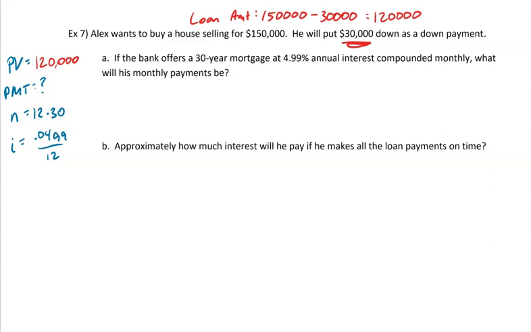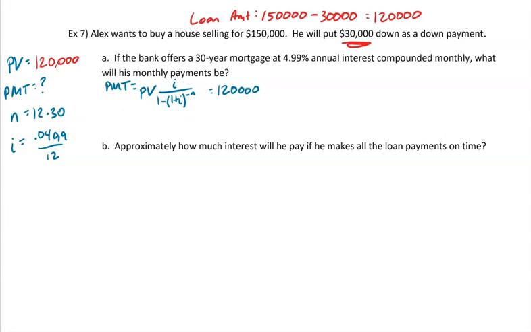So this time we want the payment formula again. So PMT equals PV, I on top, 1 minus 1 plus I to the negative n on bottom. So if we plug all of this stuff in, we have 120,000.